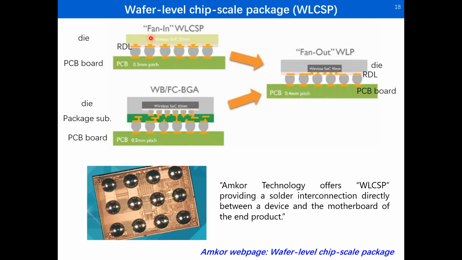Fan-in is also called wafer-level chip-scale packaging. Wafer-level means this technique is based on the RDL process performed at wafer size. Chip scale means the final product, the final chip, is chip scale. Fan-in wafer-level chip-scale packaging technology provides a solder interconnection between chip and motherboard directly without a packaging substrate.